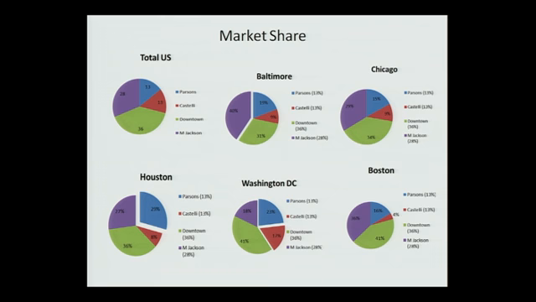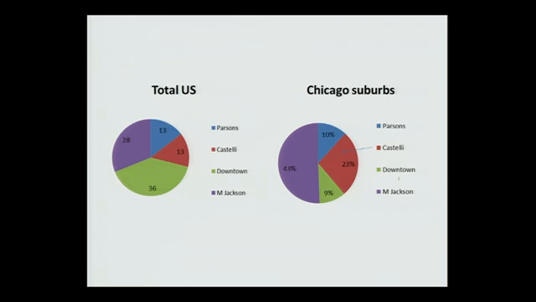And one of the most interesting things, in a way, and I did take statistics in school, was that basically the overall US market share and the market share in individual markets really was not different for any of the galleries. But there's one exception.